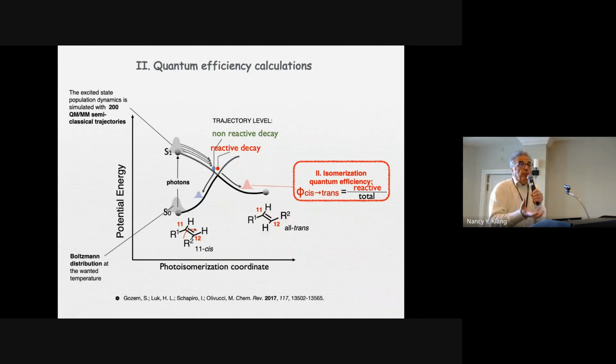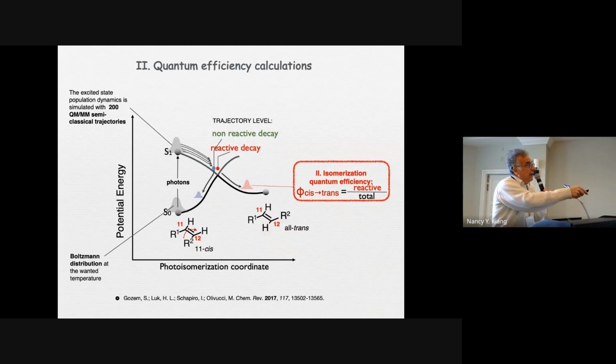And then what you do, you project a collection of these molecules on the electronically excited state. At this point, they are not in equilibrium anymore, and the molecules start to move as a function of time. So basically, you are simulating an ultra-fast photochemical reaction by propagating a trajectory on the electronically excited state.